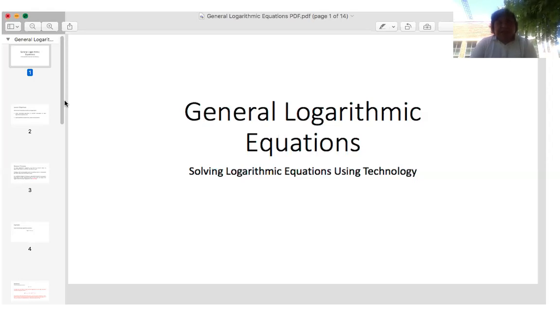However, if it's not possible to determine an exact exponent, then we'll have to use technology in order to determine the logarithm.